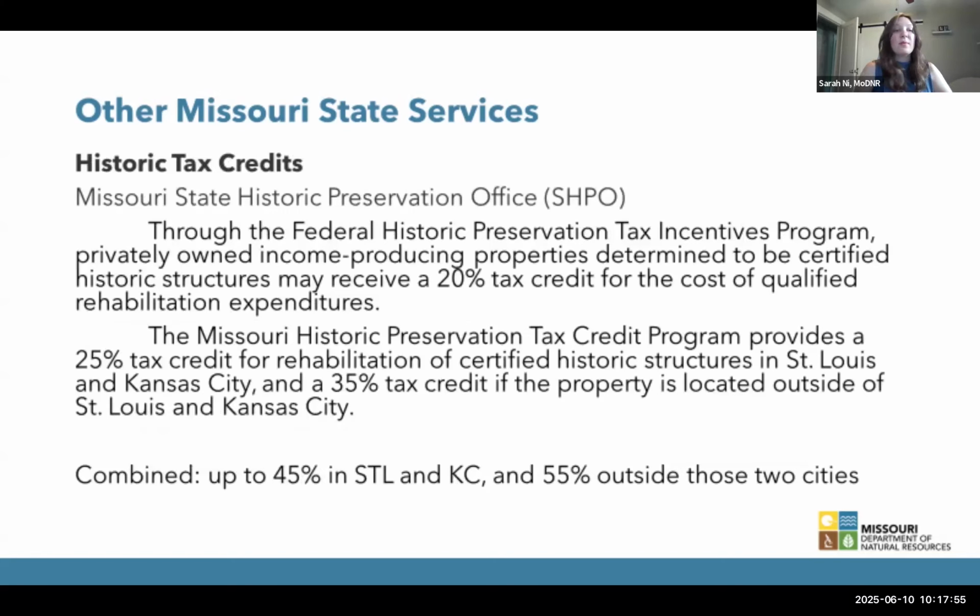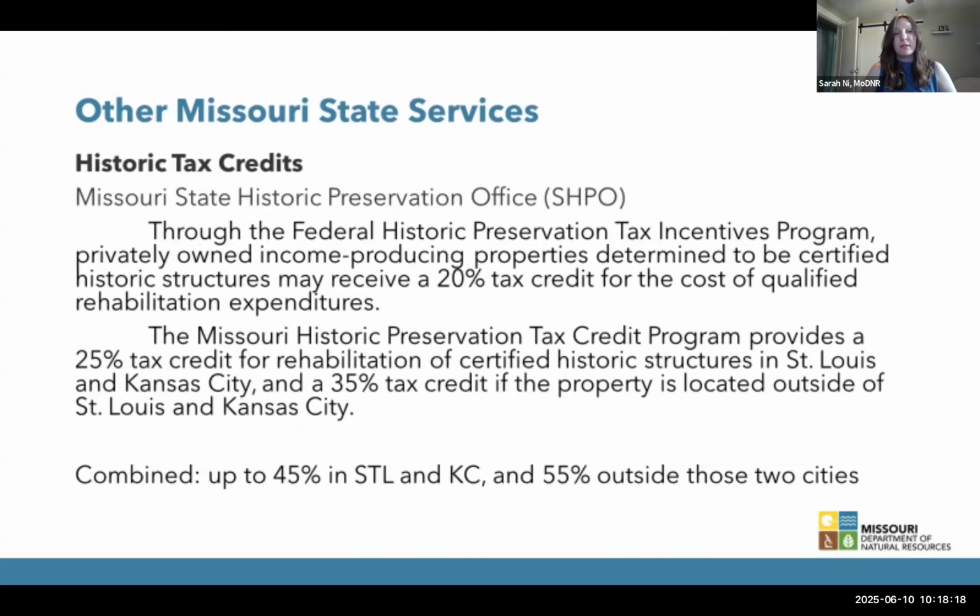Another thing I think you should know about is our historic tax credits. We have the Missouri State Historic Preservation Office, which is called SHPO, and they can help you get your property placed on the historic register. The federal historic preservation tax credit that you can get from that is about 20% of the cost of qualified rehabilitation expenditures.